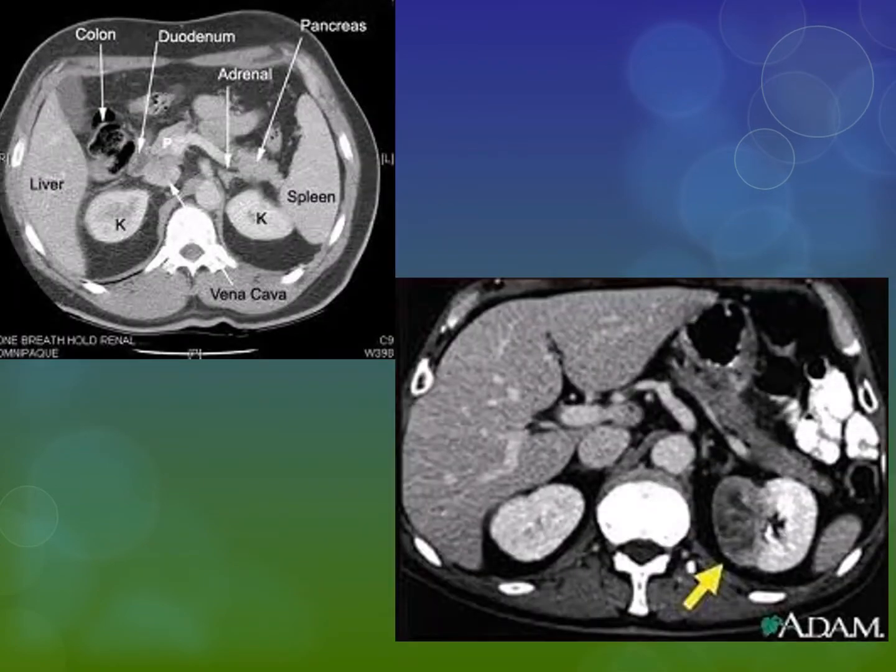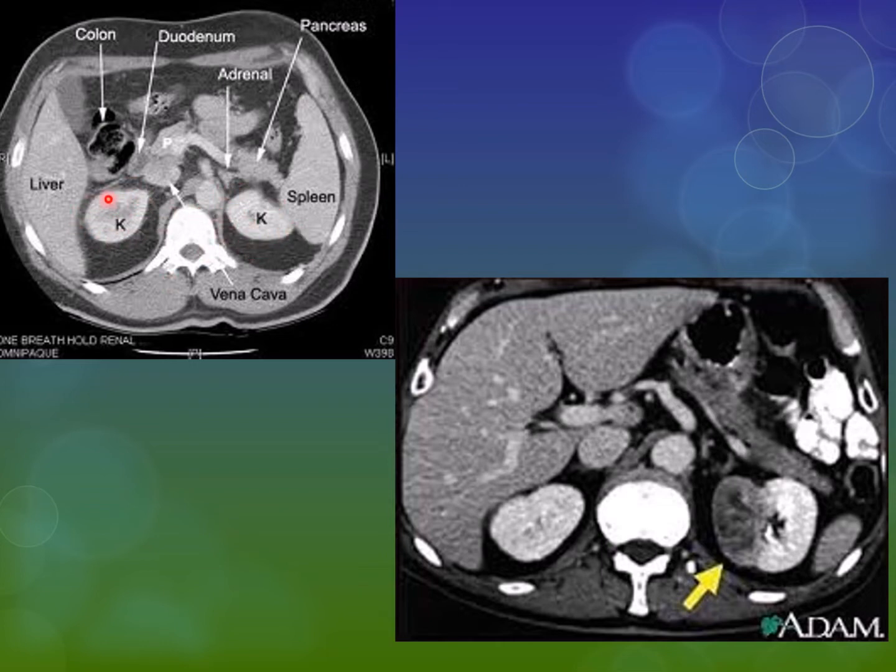Now, these are renal scans or CT scans, and they're showing us a lot more than the kidneys. I get that. They are showing us a lot of good stuff in the abdomen, but we're focusing on what they're showing us with the kidneys in this unit. So if you look here at the one on the upper left, these kidneys are beautiful.